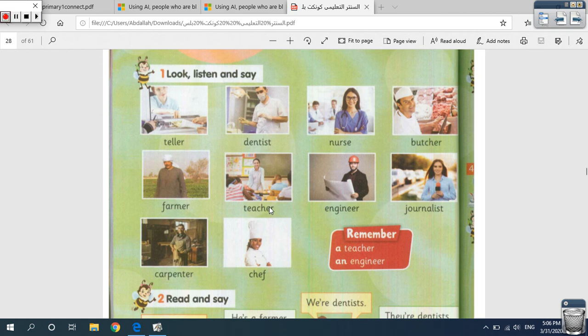Teacher, of course, you know your teachers from school. Engineer, we learned about the engineer in the Connect book. We knew that he's the one who builds buildings. Journalist, a journalist is the one who gives us some news on TV. Carpenter, he can make things out of wood.